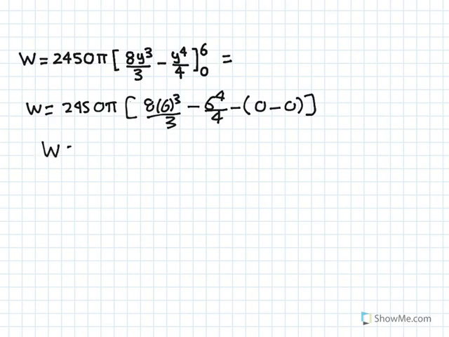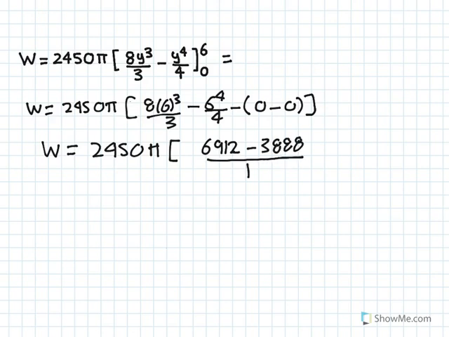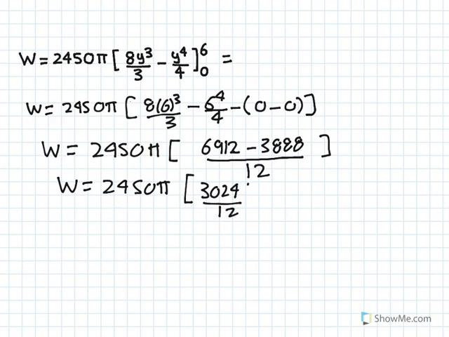And if we simplify this, we get the work is equal to 2450 pi times 6912 minus 3888, taking common denominators, doing some algebra, divided by 12, and simplify further, we get 2450 pi times 3024, divided by 12.